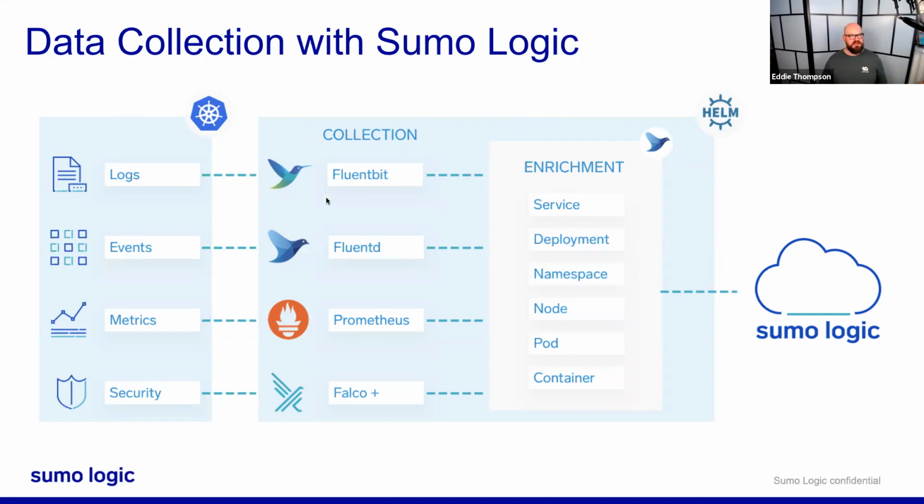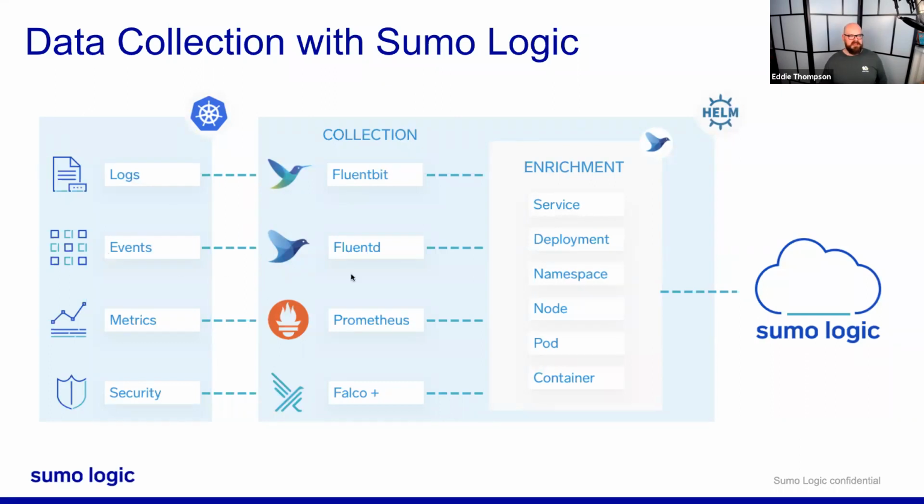For logs, we are using FluentBit. Now, FluentBit came out of the FluentD project. It's a lightweight version. It's written in C, has less features, but it's very low memory footprint. And that actually runs as a daemon set within Kubernetes, which means that there is a pod pinned to each node, and that is grabbing all of the logs as they're written and pushing those forward to our enrichment pipeline.